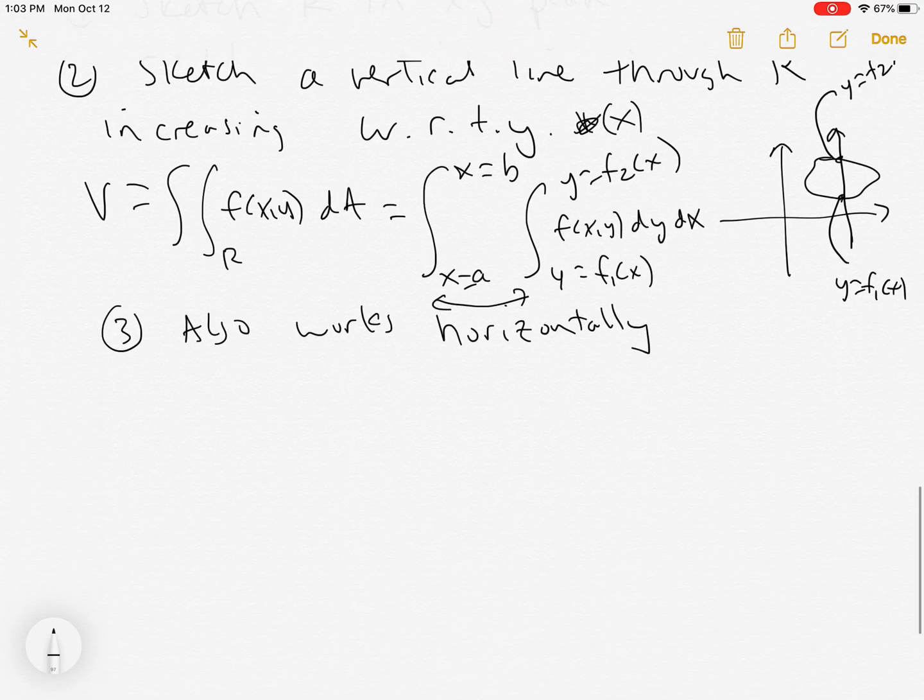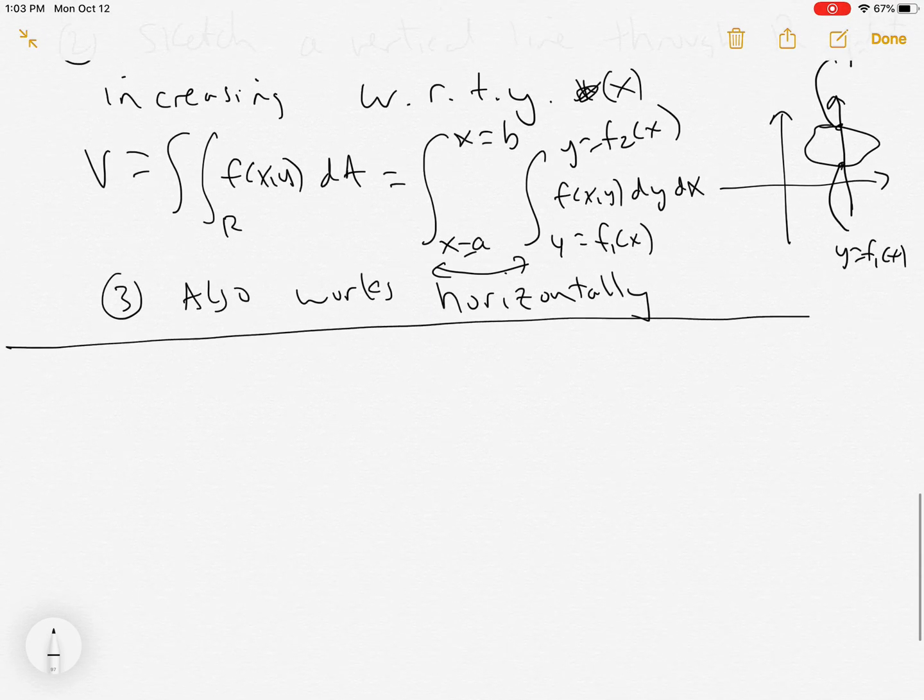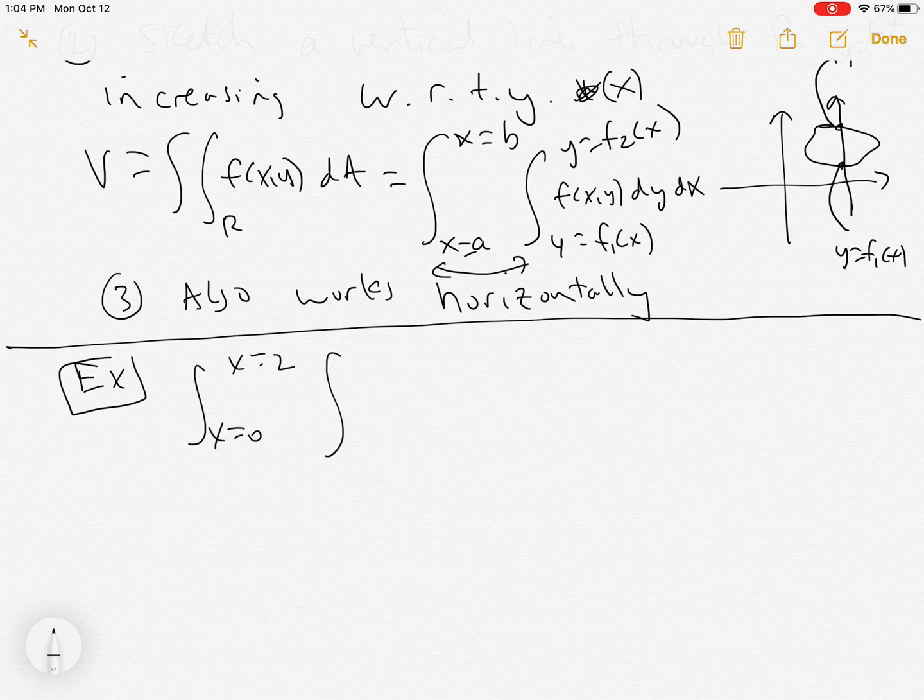All right, you can also unravel this and do it in reverse. So let's say you're given this integral, and that's a 4x plus 2.